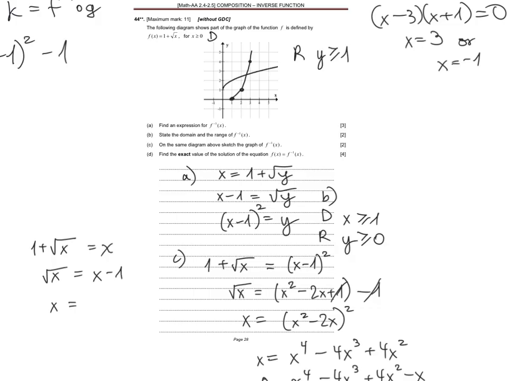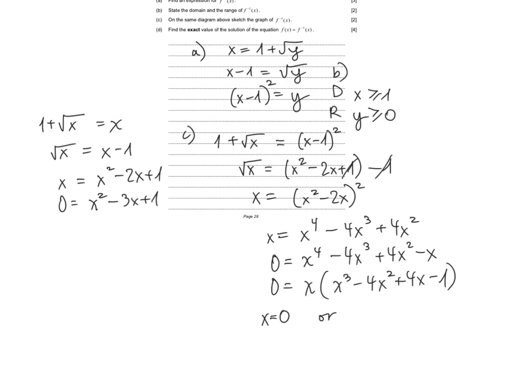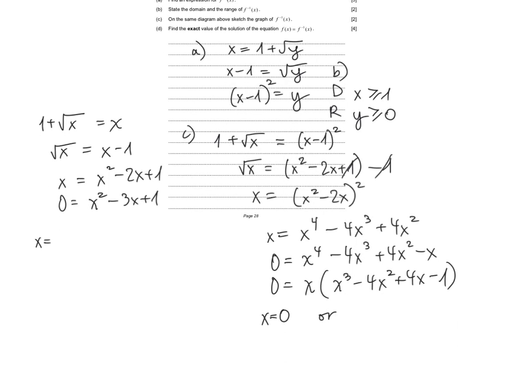Square both sides. So that's going to be x squared minus 2x plus 1. So x squared minus 3x plus 1. And if we want the exact solution, we have to use quadratic. So negative b plus or minus the square root of b squared minus 4ac, which is just 1, all over 2a. So 3 plus or minus root 5 over 2.